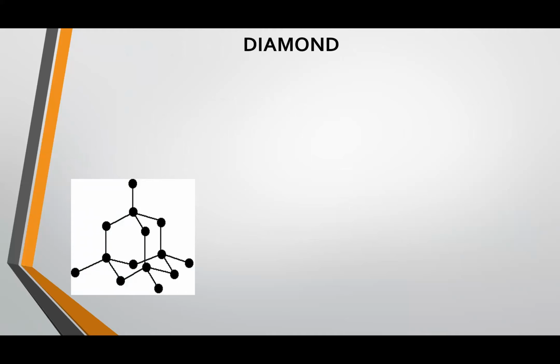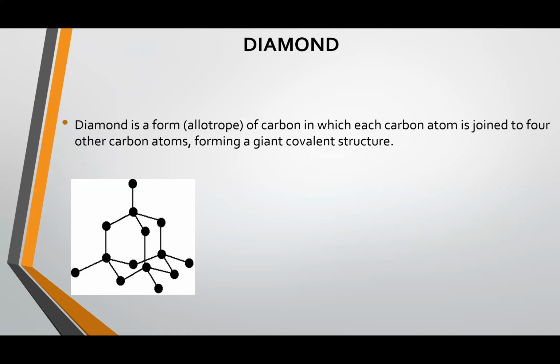Diamond. What are the characteristics of diamond? What are the physical properties of diamond as one of the examples of giant covalent structures? Diamond is an allotropic form of carbon in which each carbon is tetrahedrally bonded to 4 other carbon atoms. Let us consider this atom here.